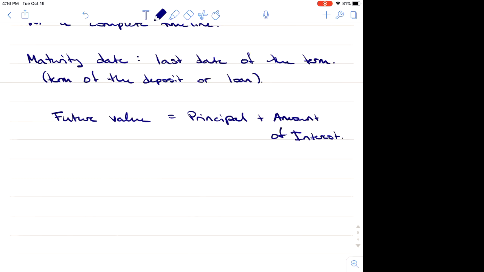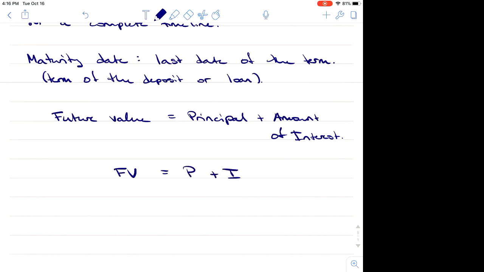So that means that we have FV, future value. Even though we have two letters, it's just one variable, and it is P plus I. You'll notice that that's not what's on your formula sheet.